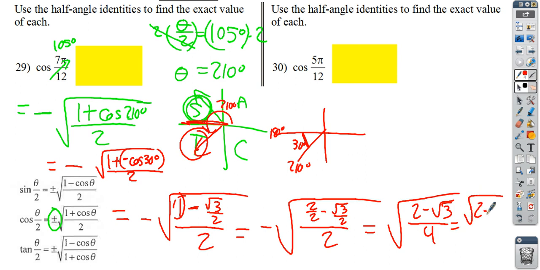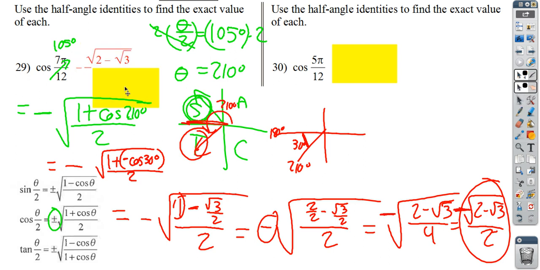We can put each of these under their own square root, and the square root of 4 is just equal to 2. So there's our answer. Radical 2 minus radical 3, and I keep forgetting to do this. We had a negative here, that means it's still negative right there. So this is what it is, and that's exactly what we came up with.